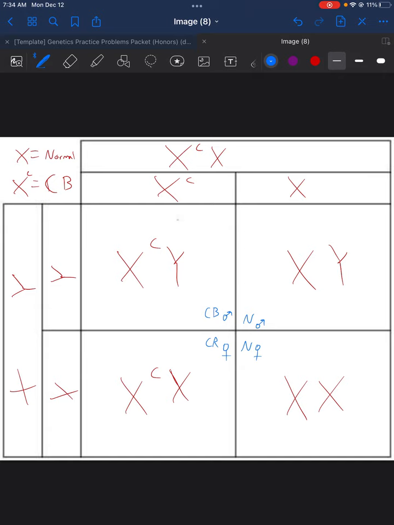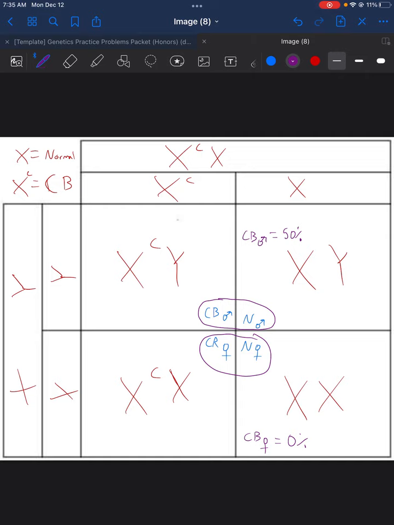Because if you are a female, which would be these two, you have a 0% chance of being colorblind as a girl. However, if you are a boy, which would be the top, you have a 50% chance of being colorblind.